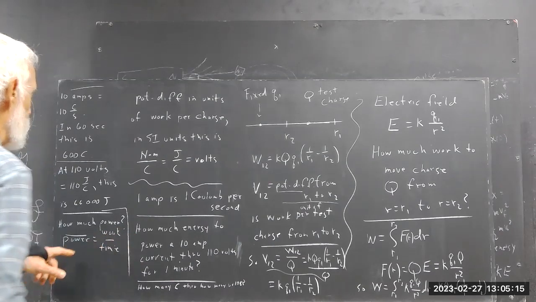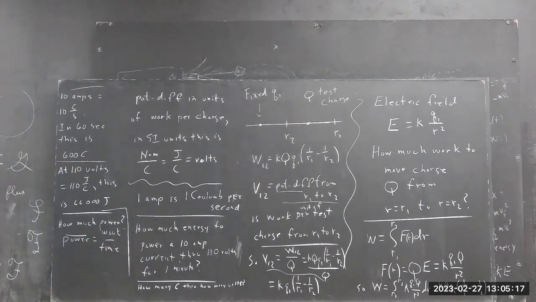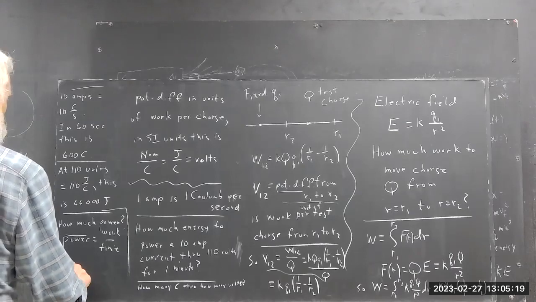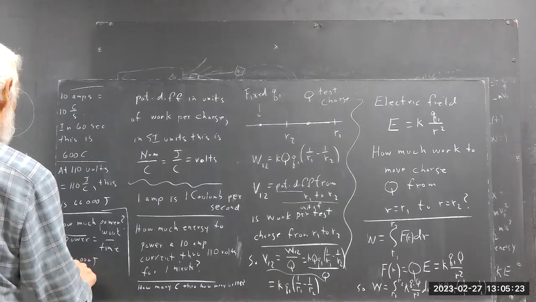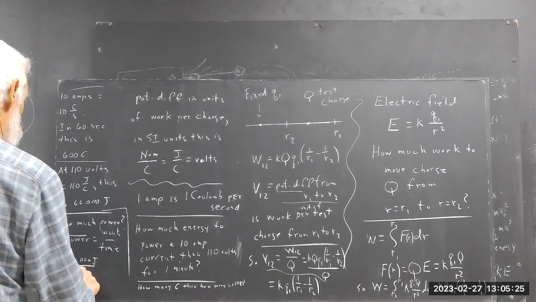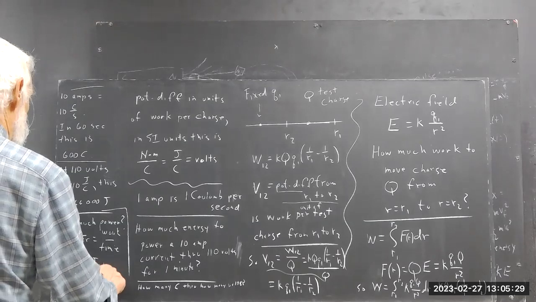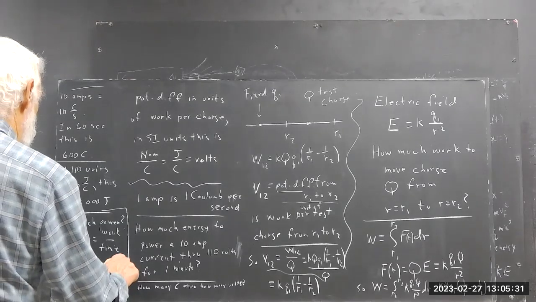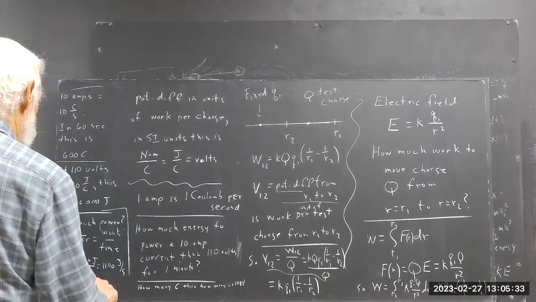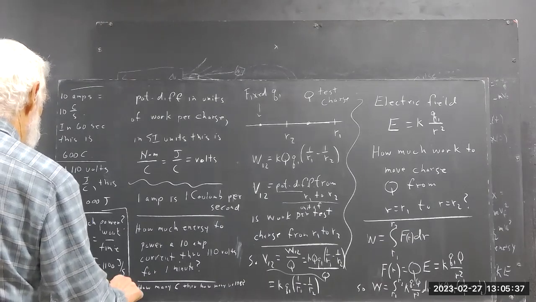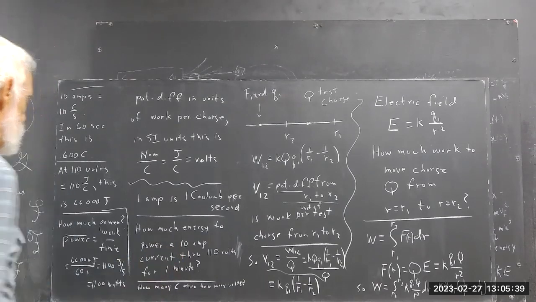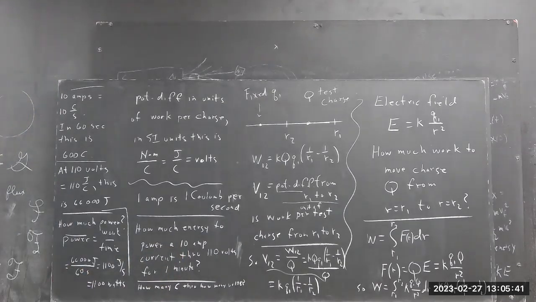Put it all over the time, it's average power. This is 66,000 joules over 60 seconds, which is 1,100 joules per second, that's 1,100 watts.